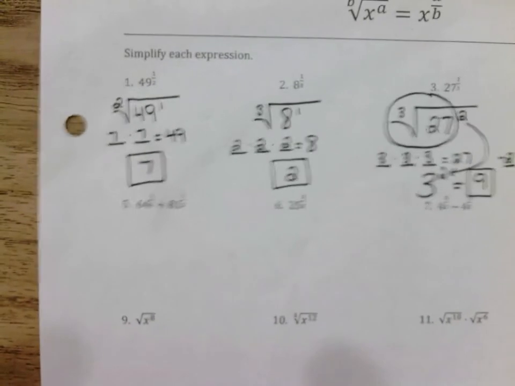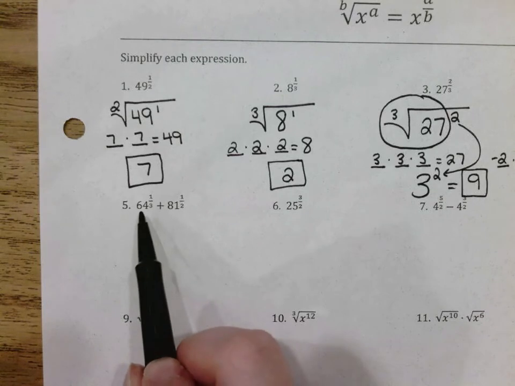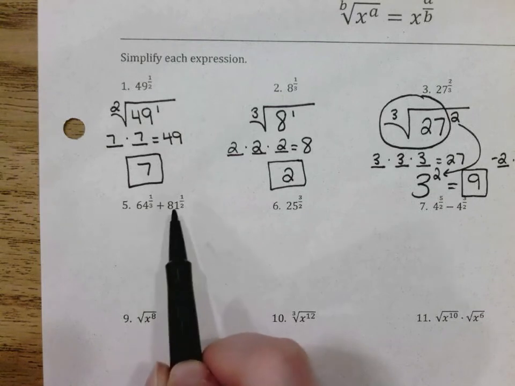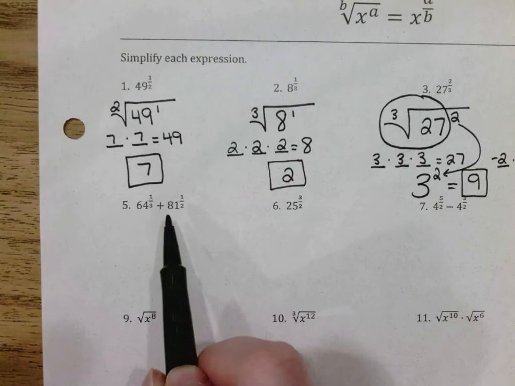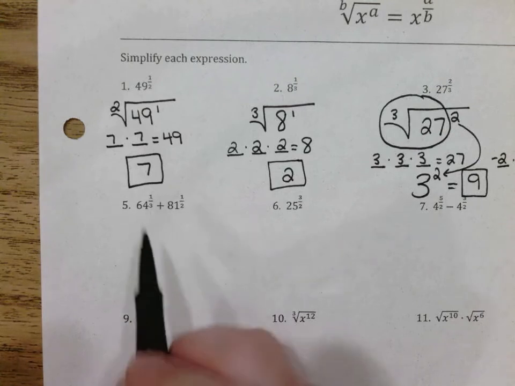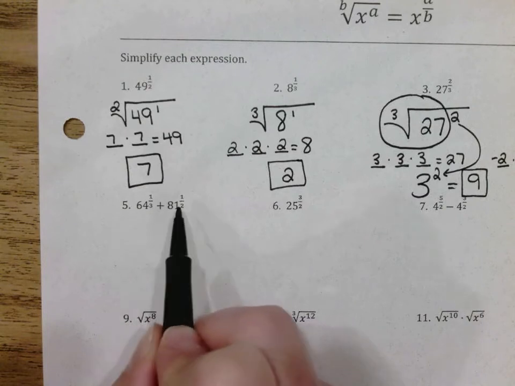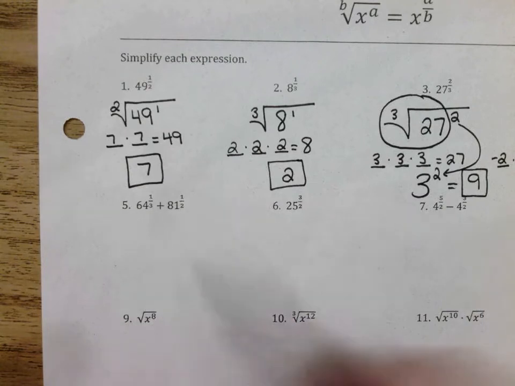For number 5, some students wanted to, for this problem, they said, hey, do I do 64 plus 81 first? And no, that is not possible. That's not right. What we're going to do for this is treat both of these separately, simplify both of these separately, and then whatever we get, we'll just add them together.